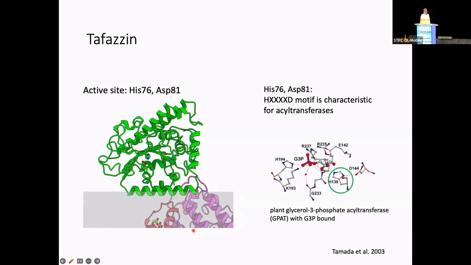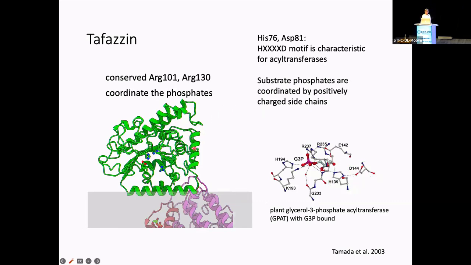We could identify the active sites, which are a histidine and an aspartate, which are conserved in acyl transferases, the family that tafazzin belongs to. Also, we could identify 2 conserved arginines that are probably involved in the binding of the phosphates of the lipid substrate.